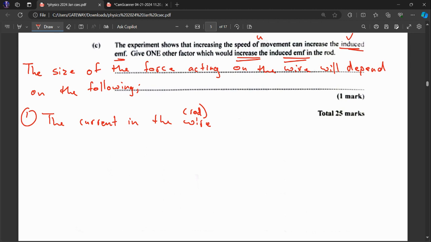Now, the larger the current, the stronger the magnetic field around the wire, and the greater the interaction with the magnetic field from the permanent magnets.